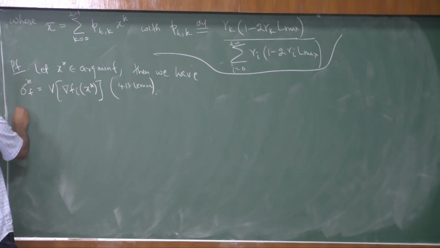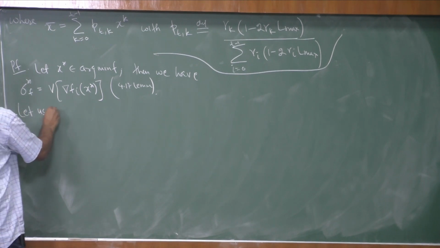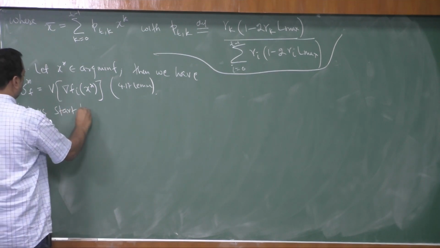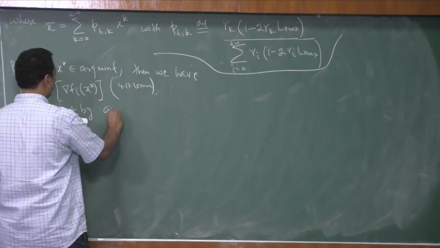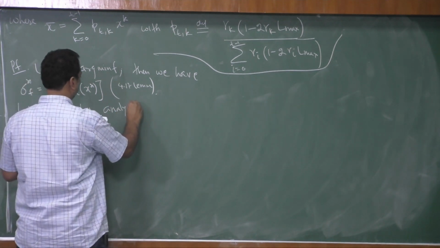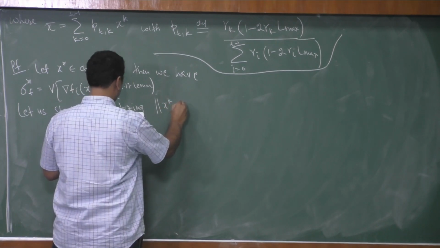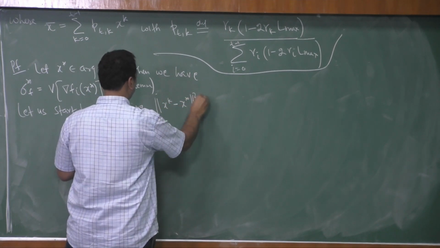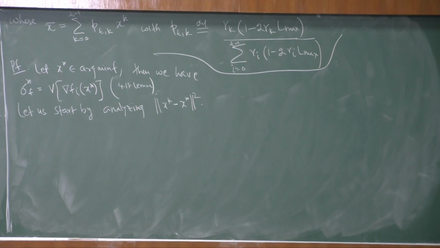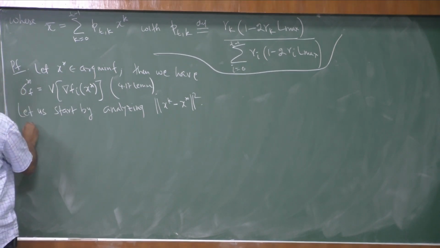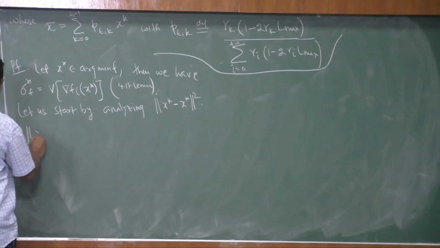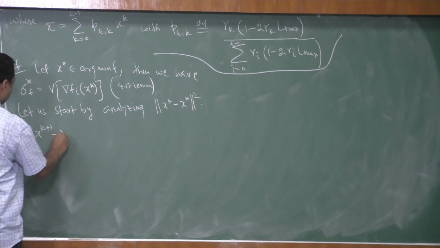Let us start by analyzing the behavior of x_k minus x star, whole squared. In fact, let us look at x_{k+1} minus x star.